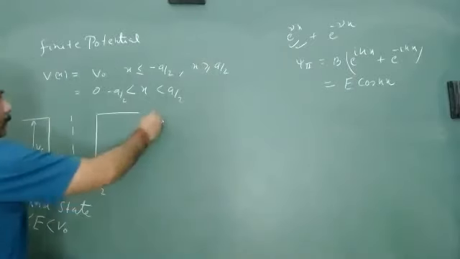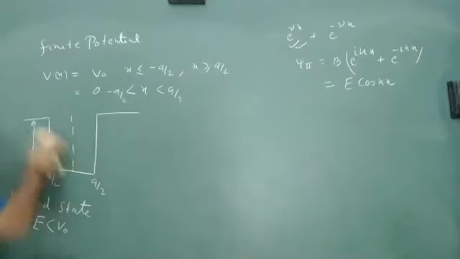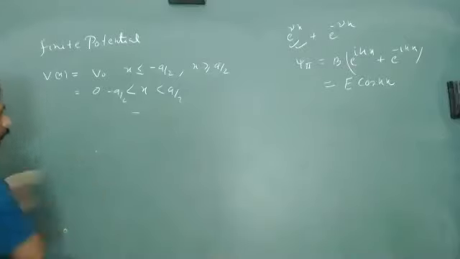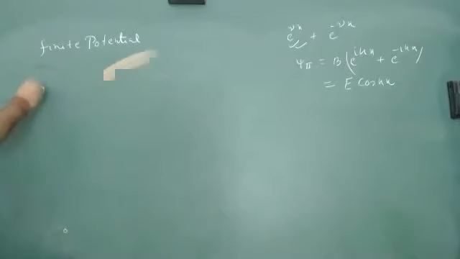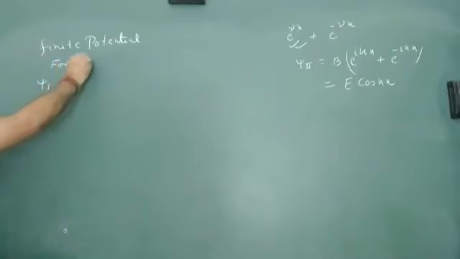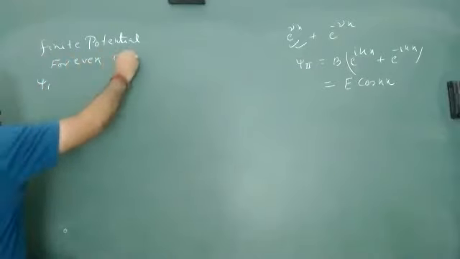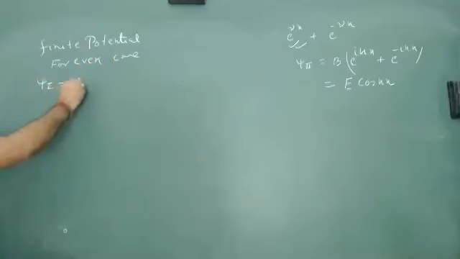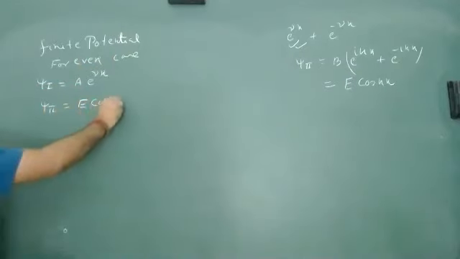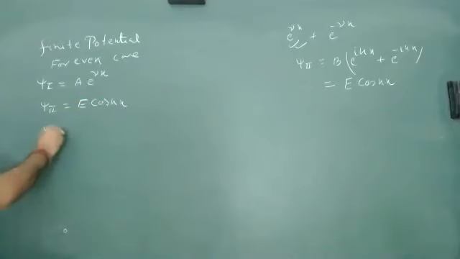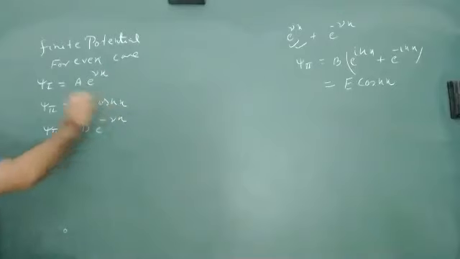So I am writing here so that I can use all this calculation. Psi 1 for the even case is equal to A e to the power gamma x, psi 2 is equal to E cos kx, and psi 3 is equal to D e to the power minus gamma x.